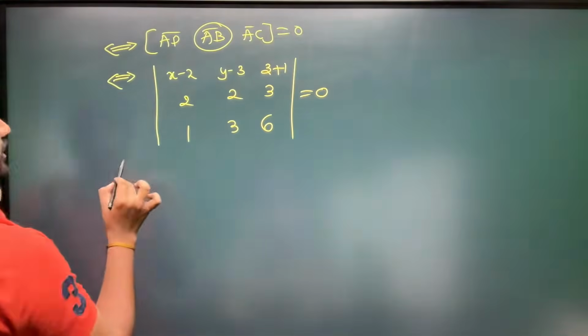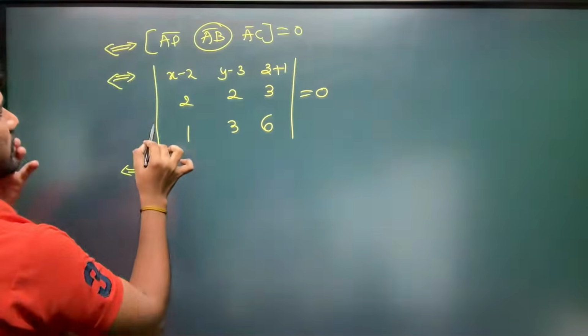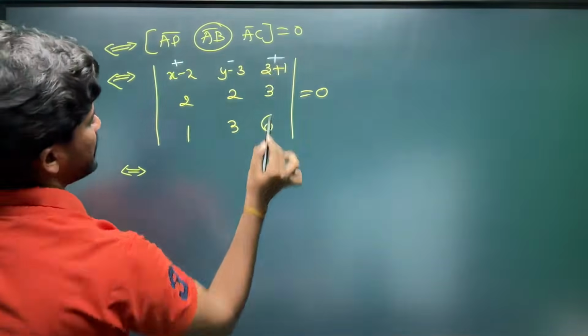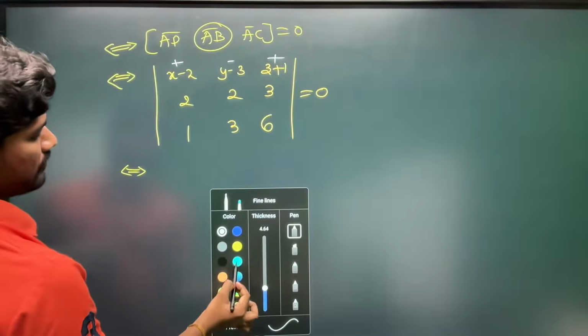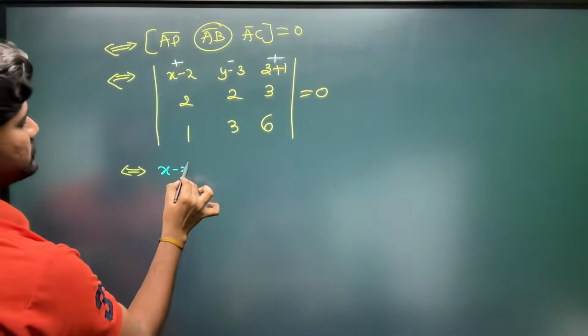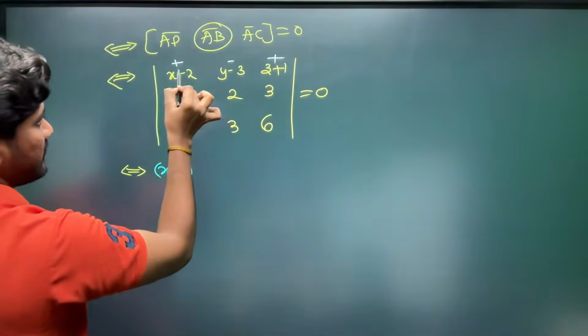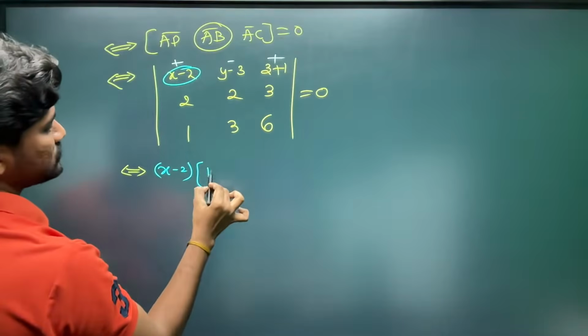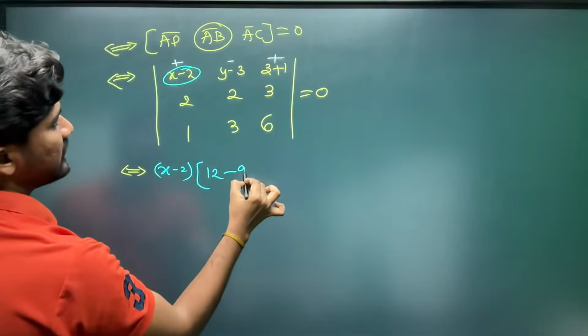So if and only if, same process, plus minus plus. Apply the process: x minus 2 into, delete first row and first column, then 3 into 6 is 12, minus 3 into 3 is 9.